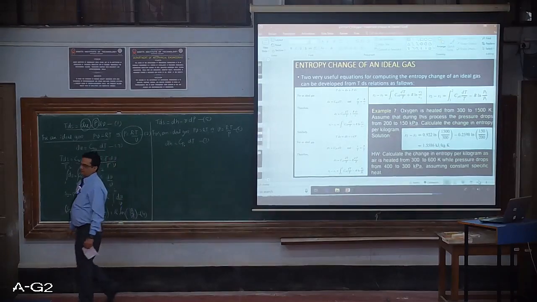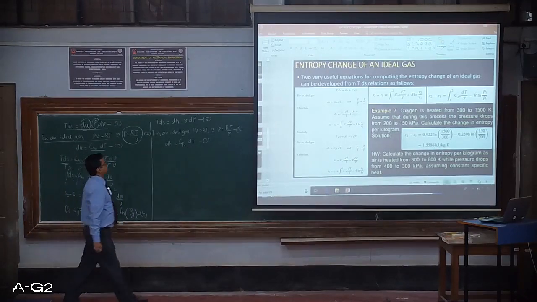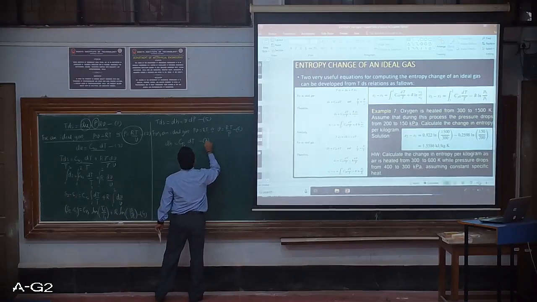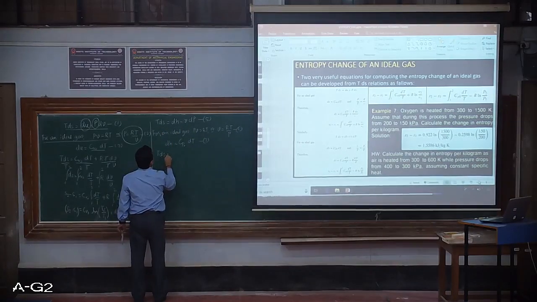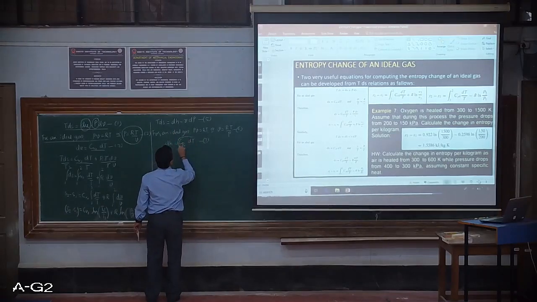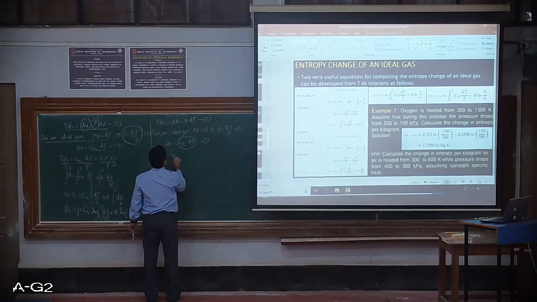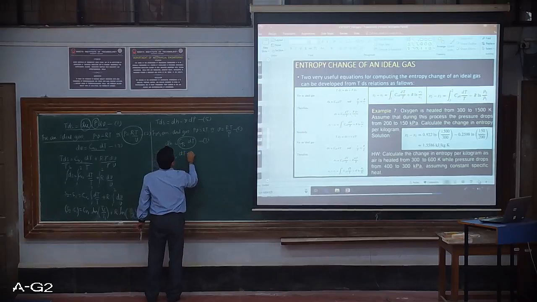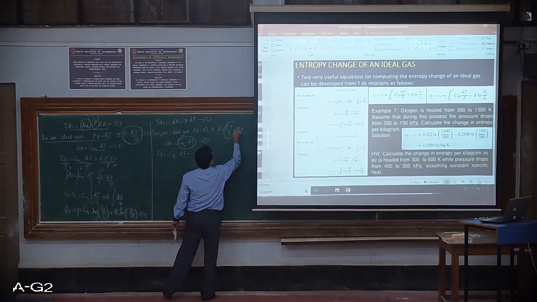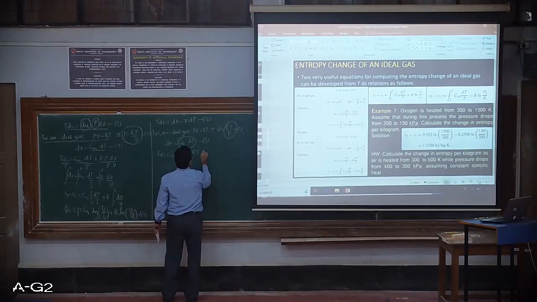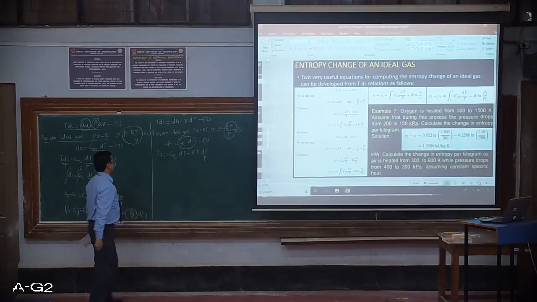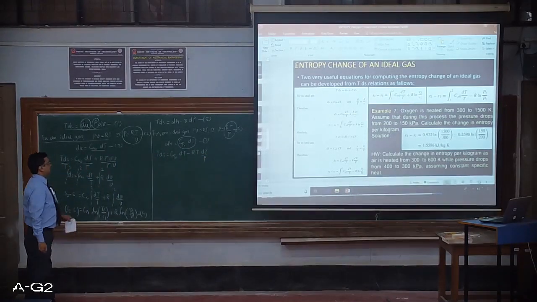Now, the same procedure: substituting equations 6 and 7 in 1, I'll write TdS is equal to dH, which means CPO dT, minus V, which means RT by P, times dP. So I'll be writing RT dP by P.